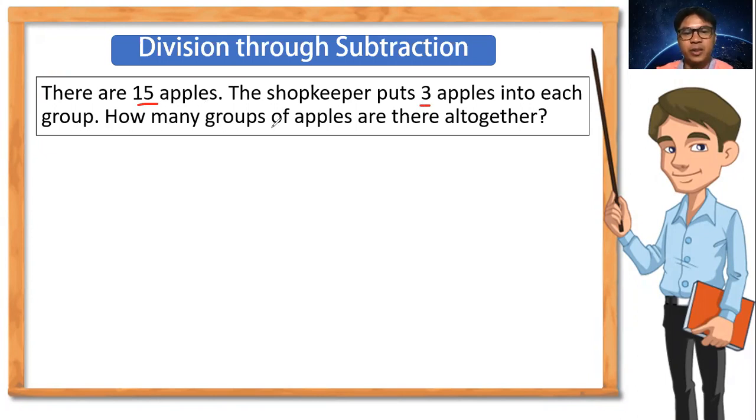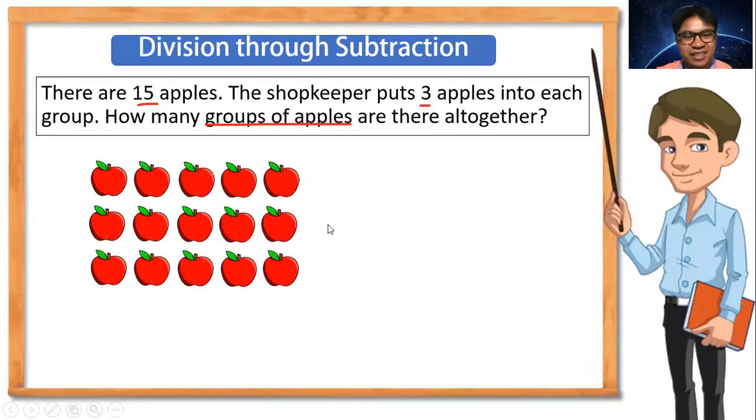How many groups of apples are there altogether? So let's say these are the 15 apples, and the shopkeeper puts 3 apples into each group, or groups the apples 3 by 3.